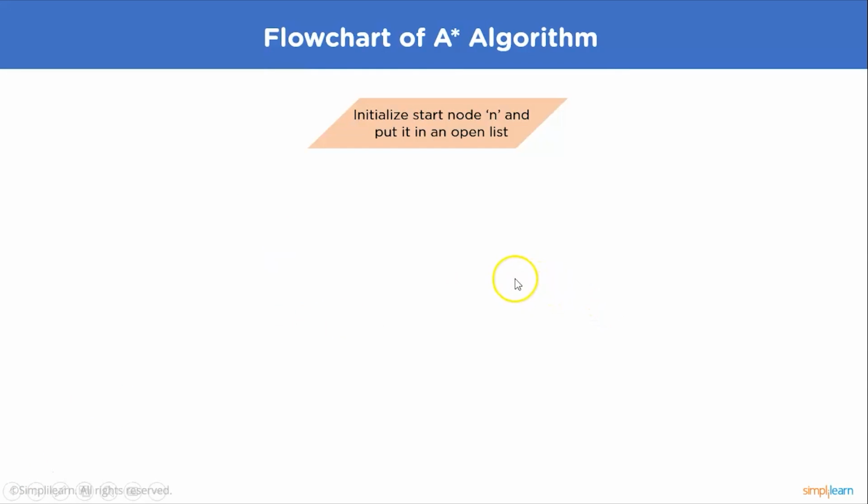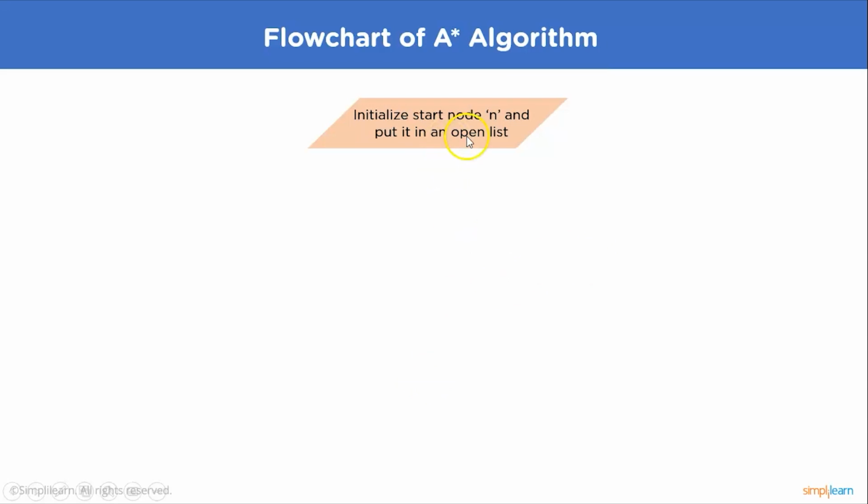So the first step of our A-star algorithm is to initialize the start node and put it in an open list. Now in this algorithm, we're going to first create two lists, an open list and a closed list. The open list will contain all the nodes that have been visited, but their neighbors have not yet been explored. On the other hand, the closed list contains nodes that, along with their neighbors, have already been visited.